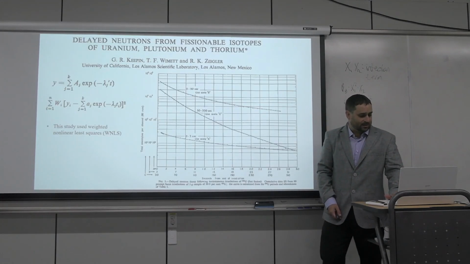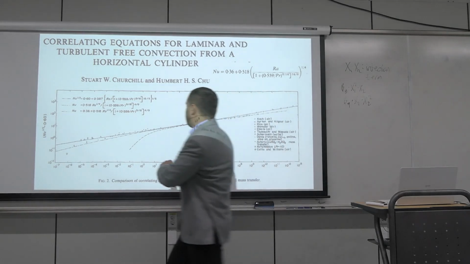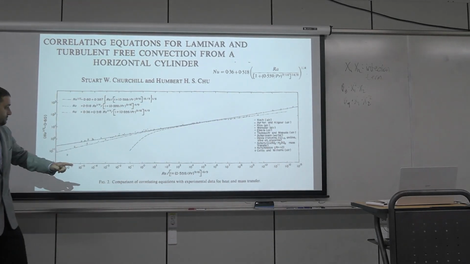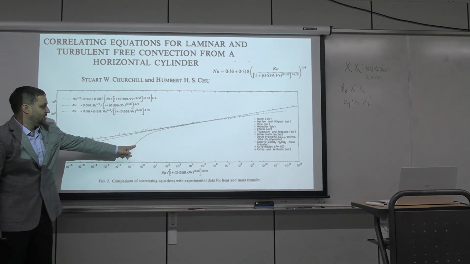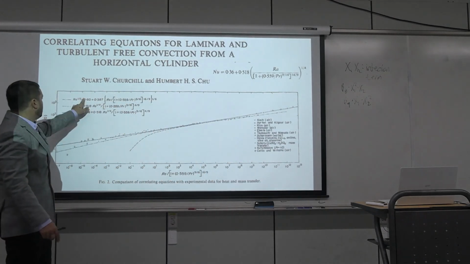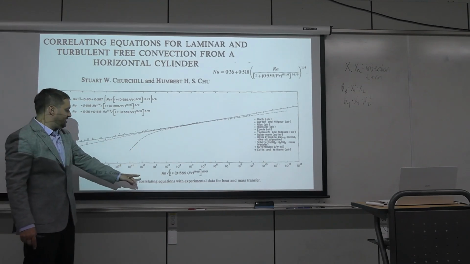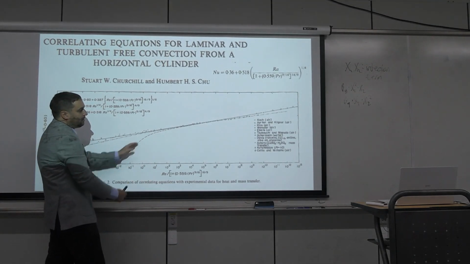And so, in fact, let's go back to this example. There are three curves. There's this curve here, which I think is this top equation. Obviously, in this range of numbers, it is not agreeing well.